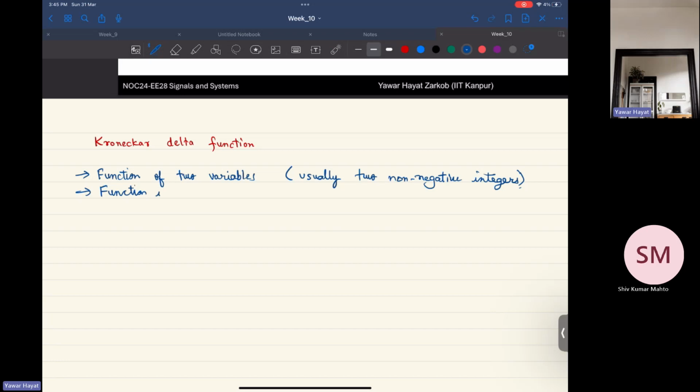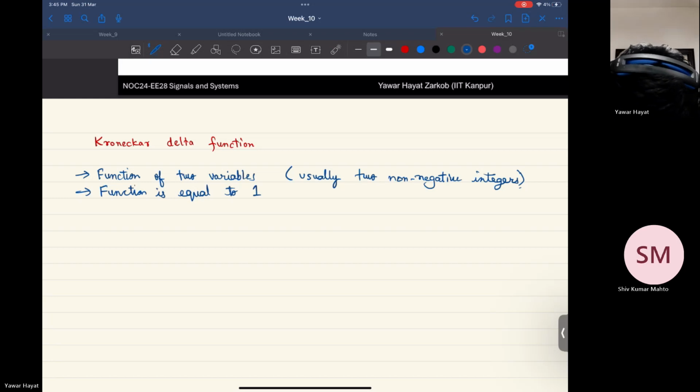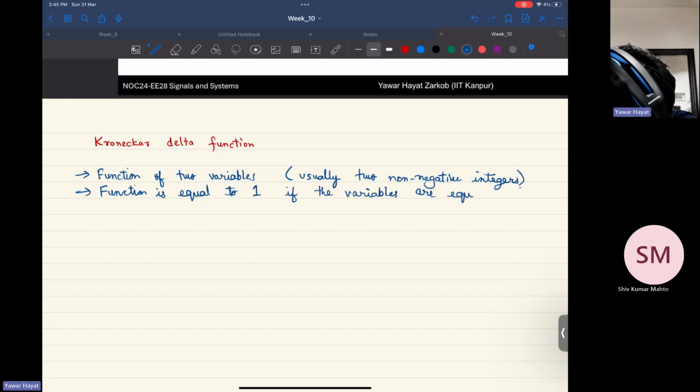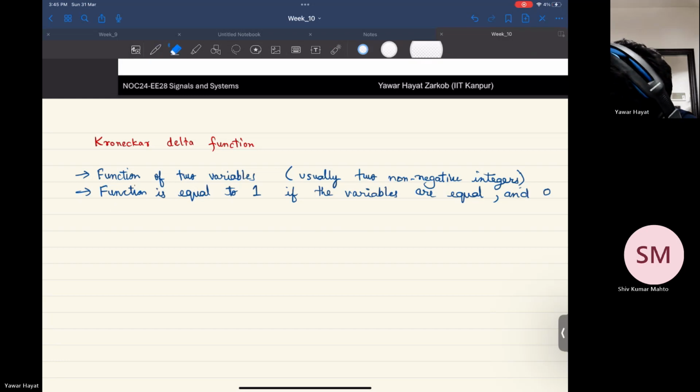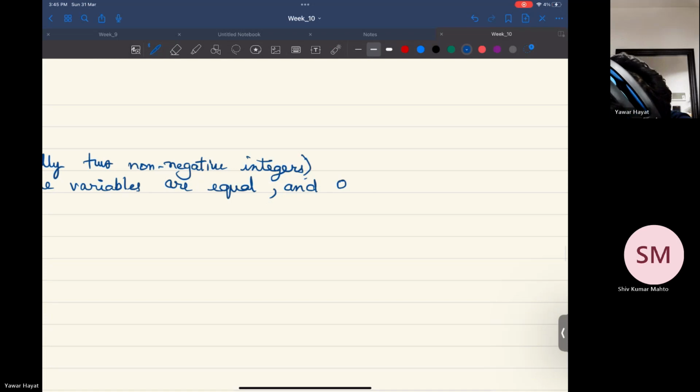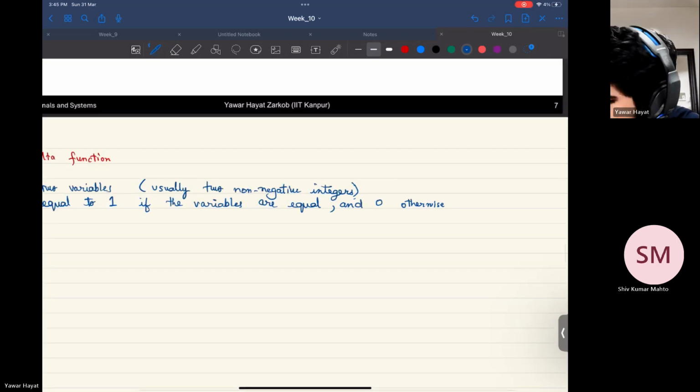The function is equal to 1 if the variables are equal, and it's zero otherwise. So it is zero when the variables are not equal, right?